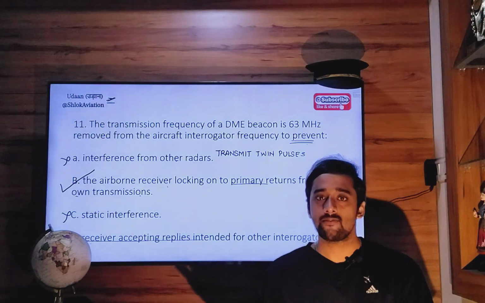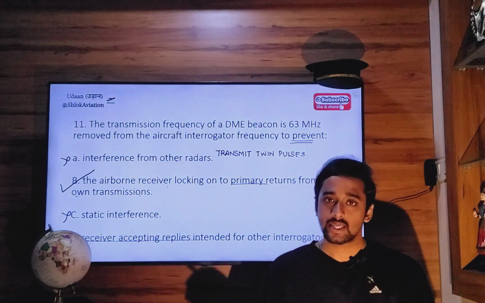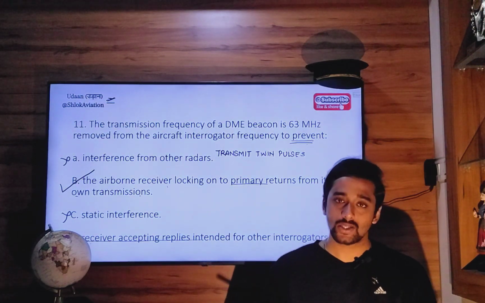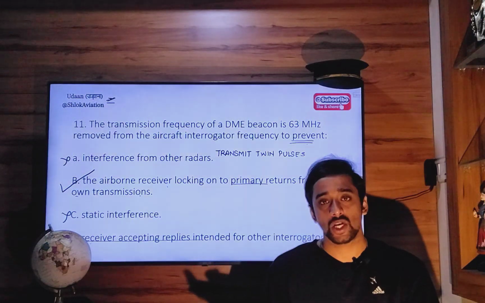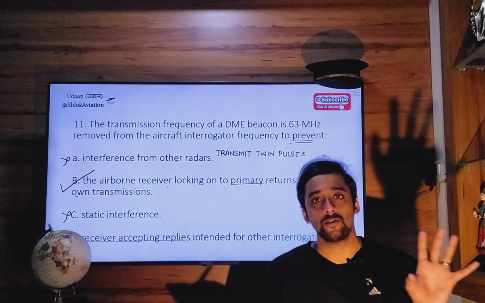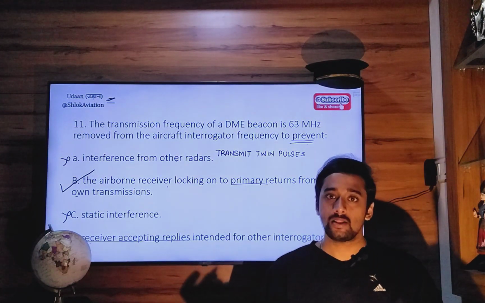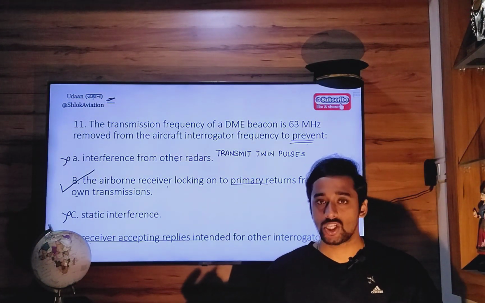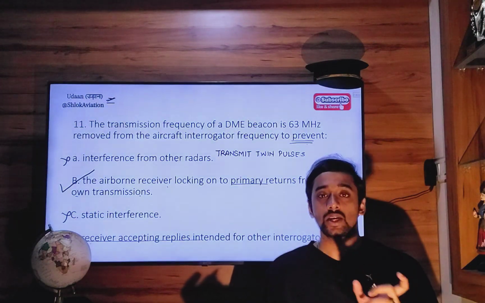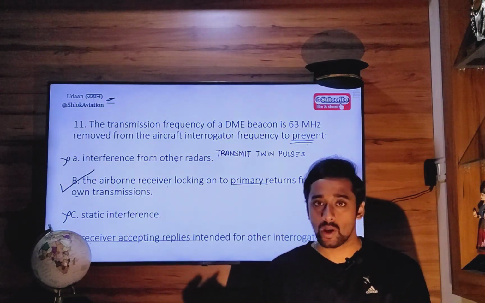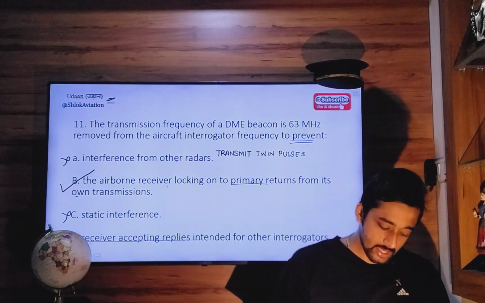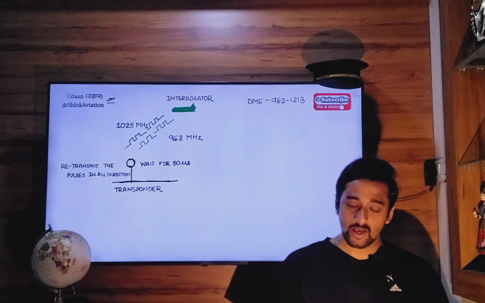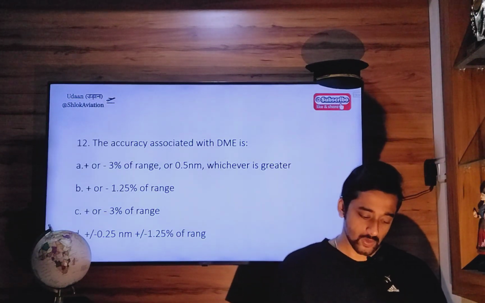Every aircraft has the ability to accept only its own unique pulse pairs and reject those which are meant for other aircraft. That is done by jittering the PRF, pulse repetition frequency. I have explained that many times in my previous videos of Keith Williams and Oxford.